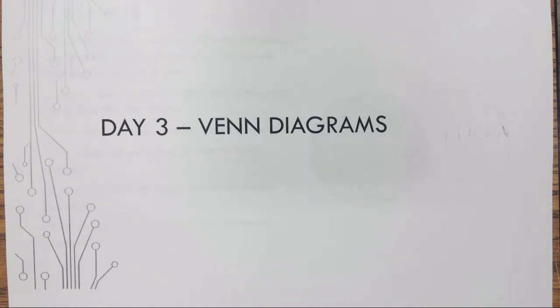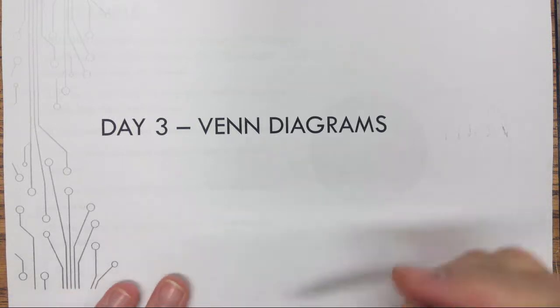Day 3 in this unit is the day that we're going to talk about Venn diagrams. I don't know if you guys have ever talked about Venn diagrams before. You know what they are. Venn diagrams is when we're talking about a relationship between a couple different things, and we draw these circle-looking things.